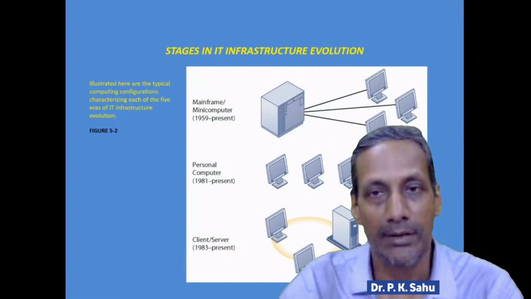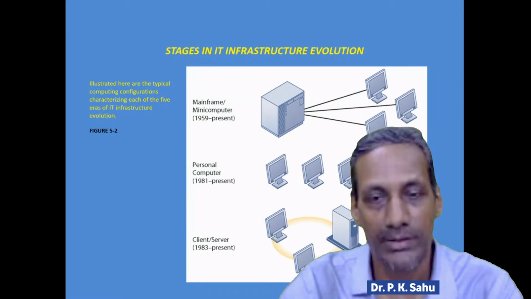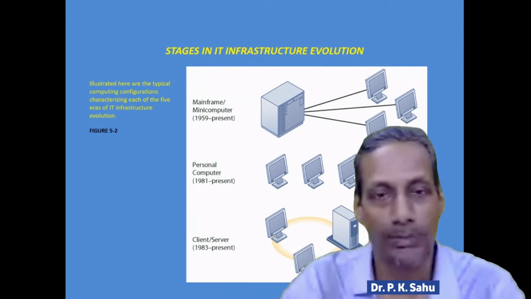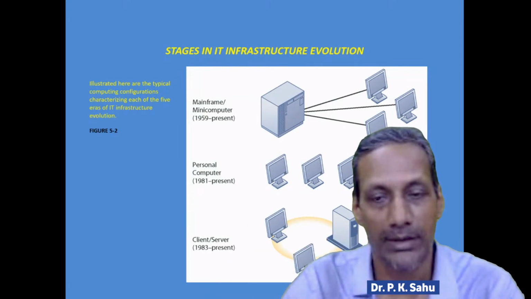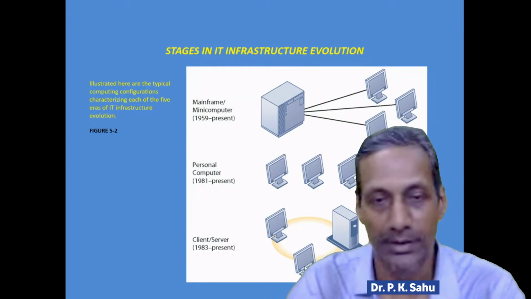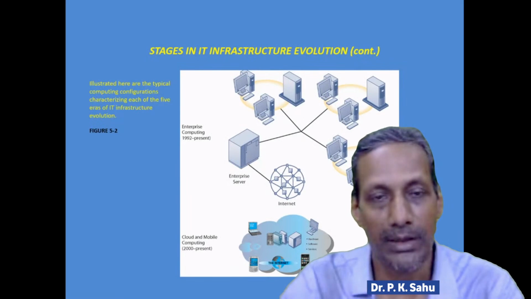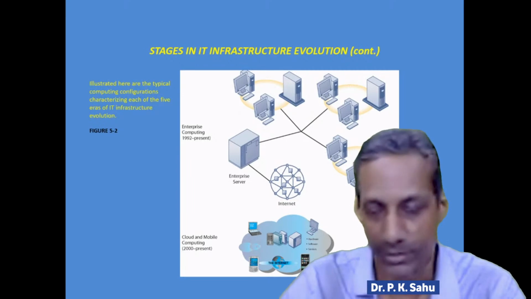Take a look at the stages in IT infrastructure evolution. This diagram shows how we moved from the mainframe minicomputer era to the personal computer era, then the client-server era, to the enterprise computing designs, and now we are using very often the cloud or mobile computing infrastructure.